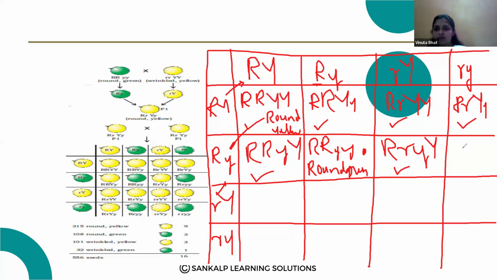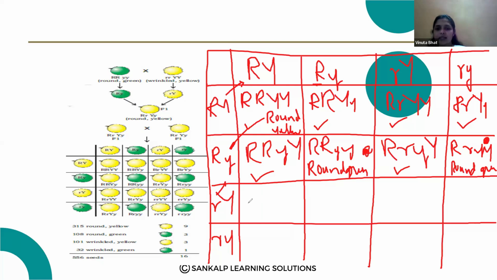Last one, capital R, small y, capital R, small y, small y. Here, round green. Round green seeds I will represent like this.